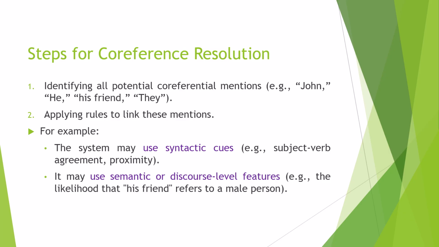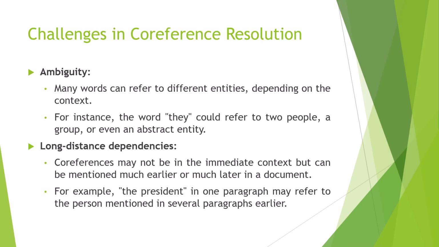It can also use semantic relationships or discourse-level features to understand the relationship between a particular word and the entities or group of people involved. Ambiguity is one of the challenges, because the same word may refer to different entities depending on the context. The word they may refer to a group involving two people only, or even more than two people. So it has to resolve this ambiguity problem.